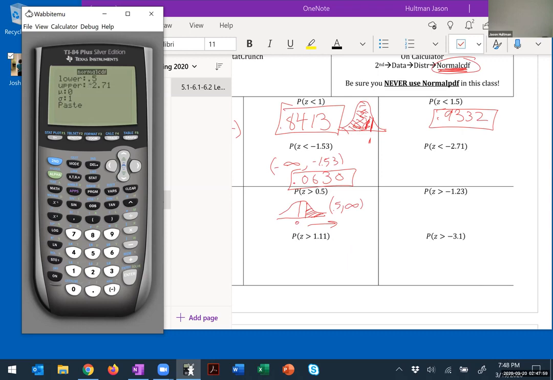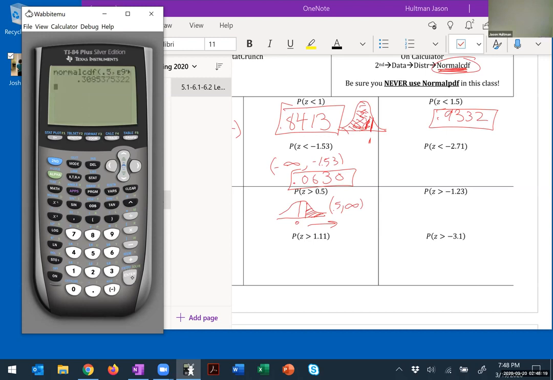How do we write infinity? Infinity is E to the 99. That's infinity. And then 0, 1.